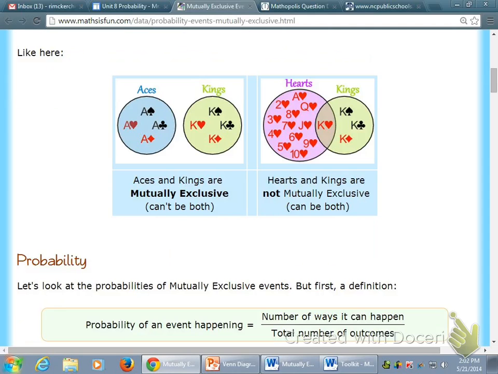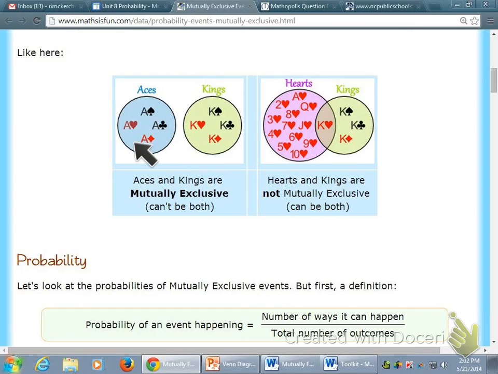Let's look at this Venn diagram real quick because it's a great Venn diagram. Notice in this particular one on the left, there are 4 aces in a deck and there are 4 kings in a deck. These are mutually exclusive events because you cannot be an ace and a king at the same time. There is no card in the deck that is an ace and a king at the same time.